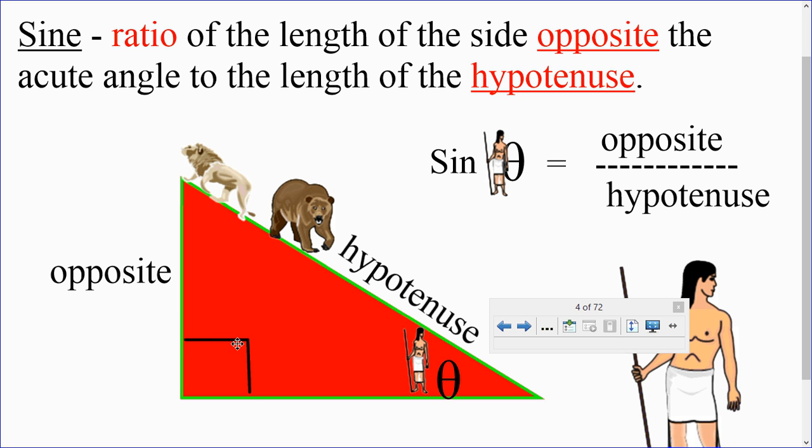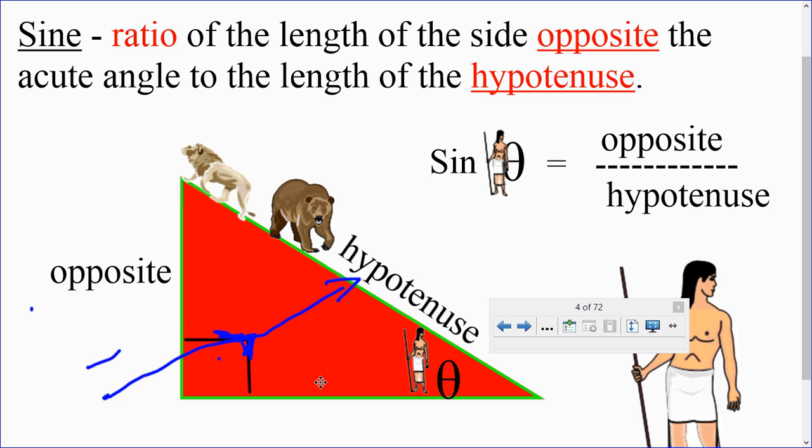Well, we have a right angle here, and the right angle is always going to be opposite of the hypotenuse. So this corner here is going to be pointing at the hypotenuse always. So no matter which way they flip the mountain, this right angle is going to be opposite and always pointing at the hypotenuse.